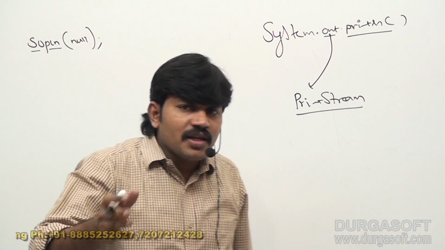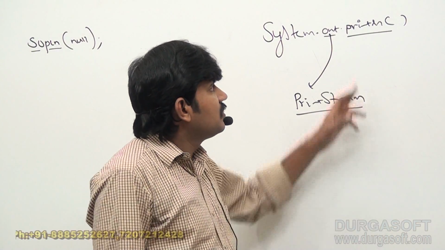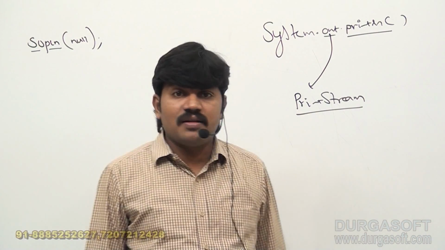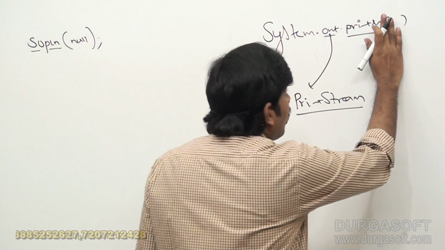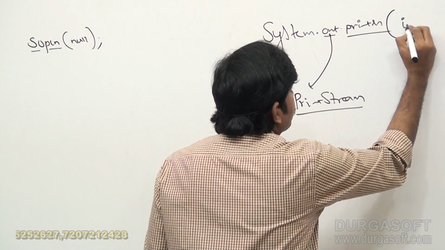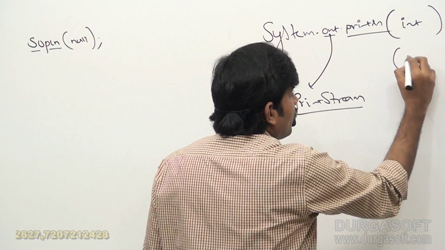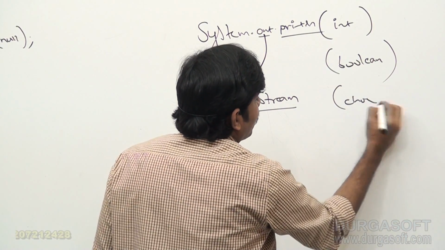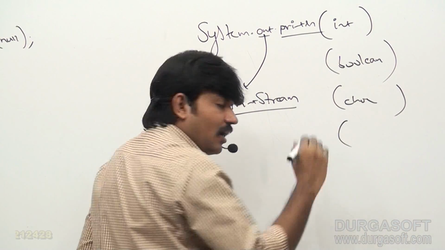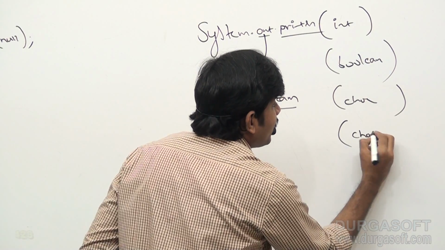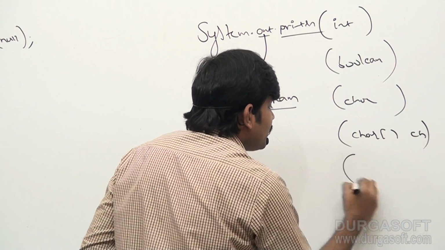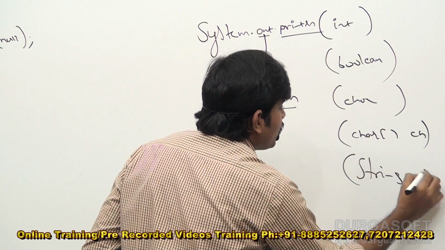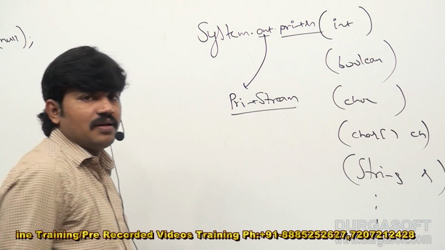In the PrintStream class, there are several println methods: println of int value, println of boolean value, println of char value, println of char array value, println of string value, and so on.